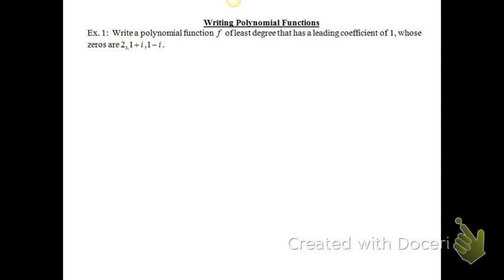The first thing you have to realize, guys, is if they give you the zeros of the polynomial, you should be able to list the factors. Our factors are always going to be of the form x minus whatever the zero is.